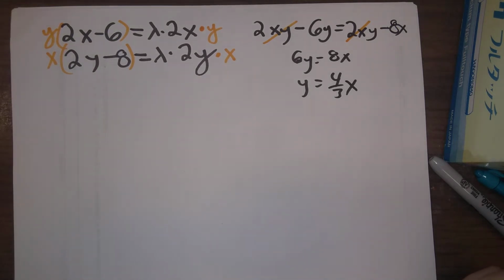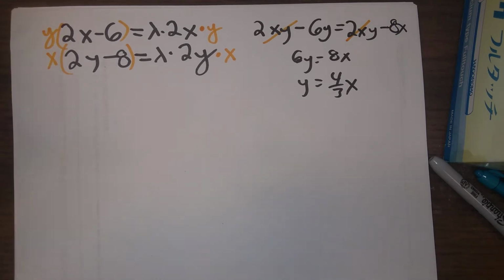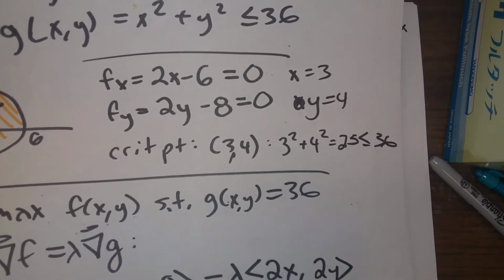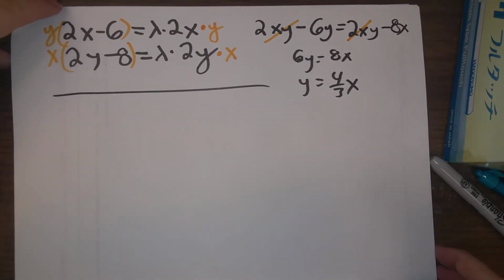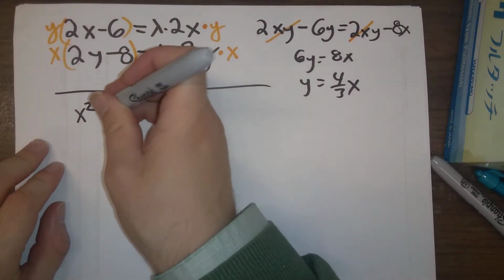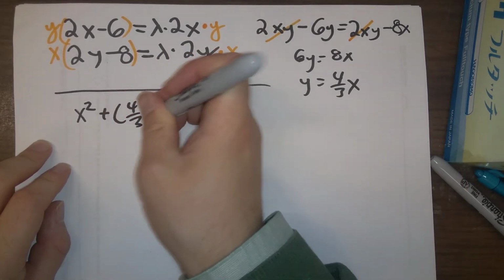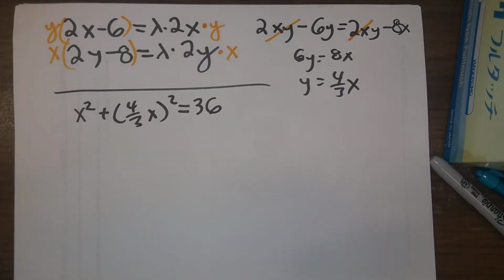So at this point, we've got y equal to 4/3 x, and we're going to use our constraint that x squared plus y squared is exactly equal to 36. So x squared plus (4/3 x) squared is equal to 36.